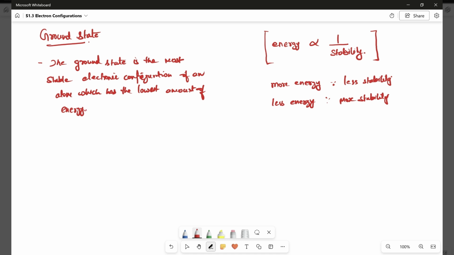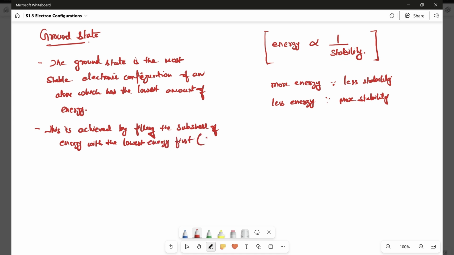And that's what the Aufbau principle follows. So this is how we can achieve this. So this is achieved by filling the subshell of energy with the lowest energy first.